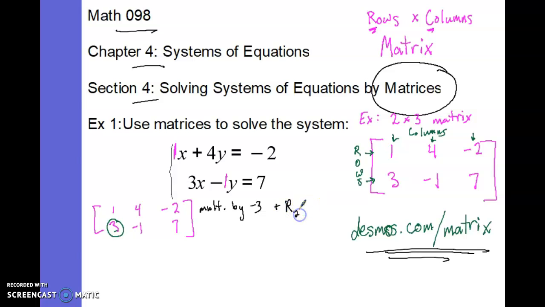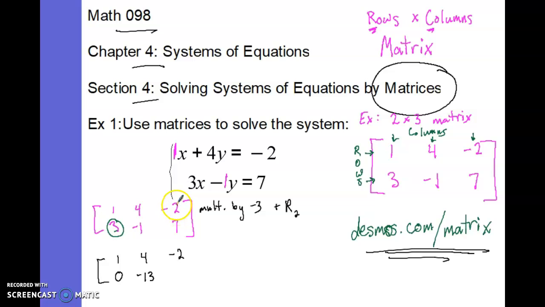We usually write it like this, row 2, R subscript 2. When I do that, the top row is going to be the same: 1, 4, -2. The mental math is 1 times -3 is -3 plus 3 gives me 0. Then 4 times -3 is -12 plus -1 gives me -13.